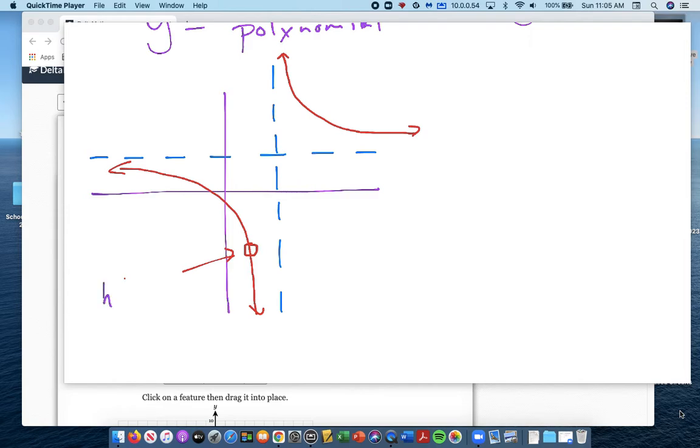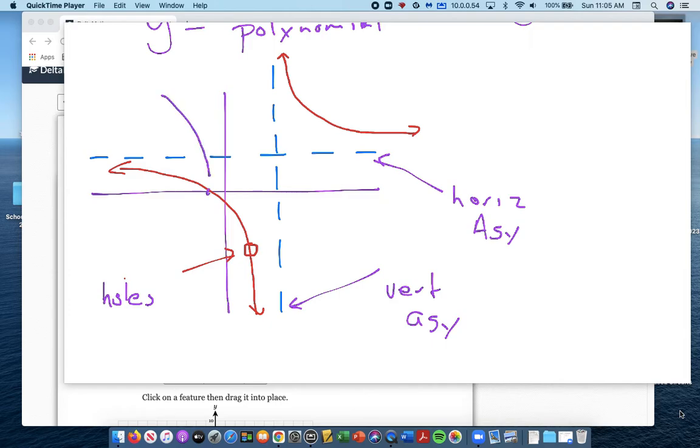We got holes. We got horizontal asymptotes. We got vertical asymptotes. And then we have what's called intercepts. This value right here on this particular one would be an x-intercept, and this value right here would be a y-intercept.